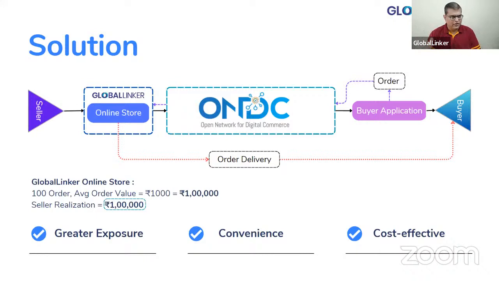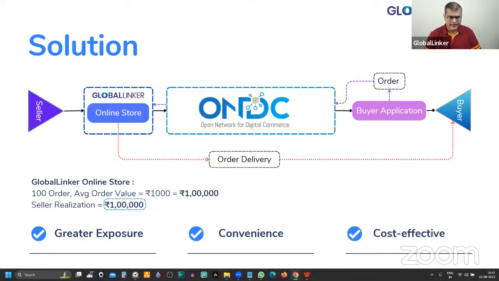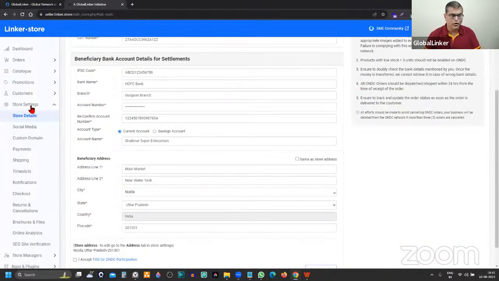Whenever your return period ends and whenever is the next payment cycle, your payment gets disbursed. It will come to GlobalLinker, and within 2 working days, we will settle it into your account. All right. So I think this is where many people get curious: why do you need our bank details, etc.? So that is the reason.